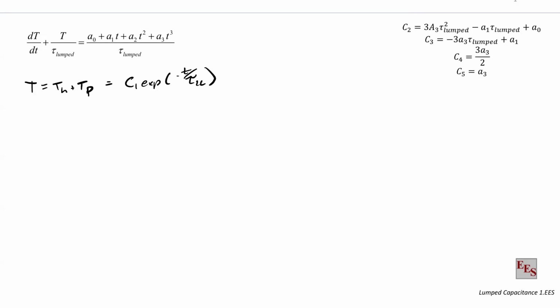That was the homogeneous part. And then for the particular part, we did the method of undetermined coefficients. We guessed the right-hand side was some polynomial that had the same kind of form as our T infinity, right? We guessed some constant C2, C3 times t, C4 times t squared, and C5 times t cubed. We're just guessing the thing that's on the right-hand side and its derivatives.